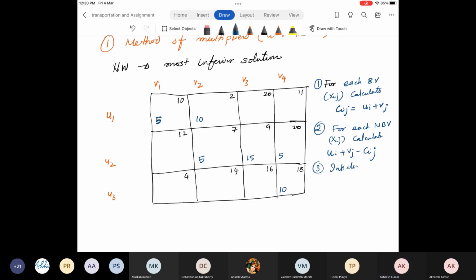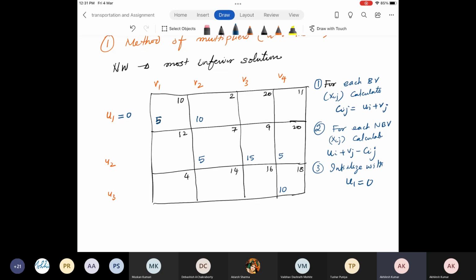Initialize with U1 equals to 0. So let's start. I put U1 equals to 0. For each basic variable, I'm going to ensure Cij equals Ui plus Vj, and for each non-basic variable, I will calculate Ui plus Vj minus Cij, initializing with U1 equals to 0.